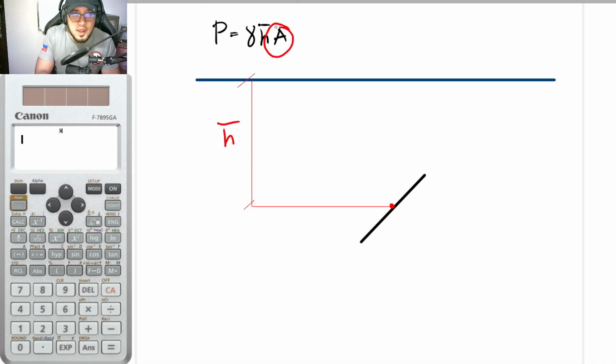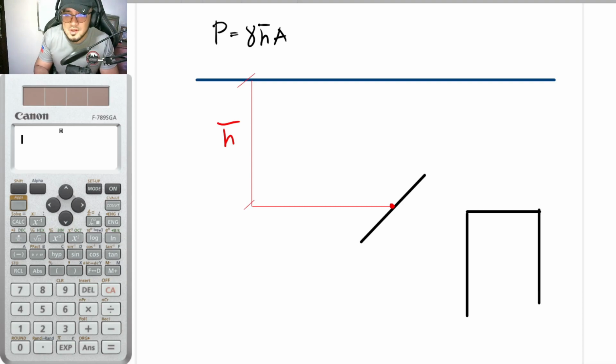So what about for A? Once again, let's say that this plate is this before it was slanted, its original figure. Actually, even if it is not slanted, it is simply the total area of the plate. For that particular plate, that is basically base times height.